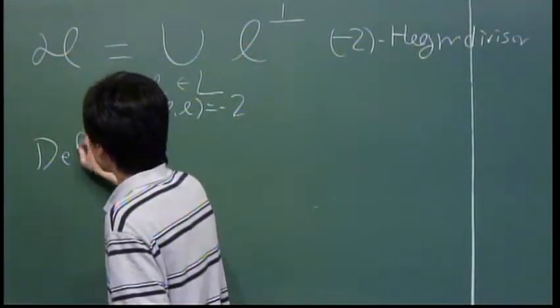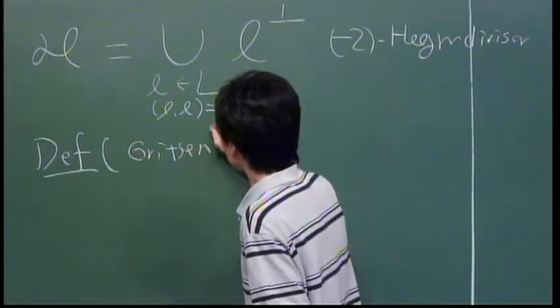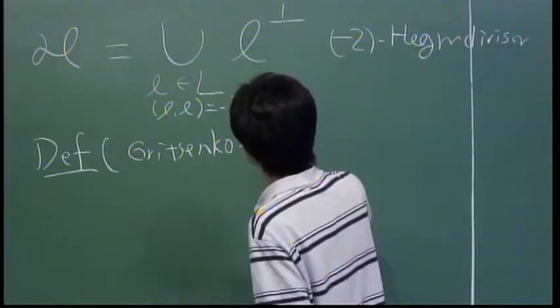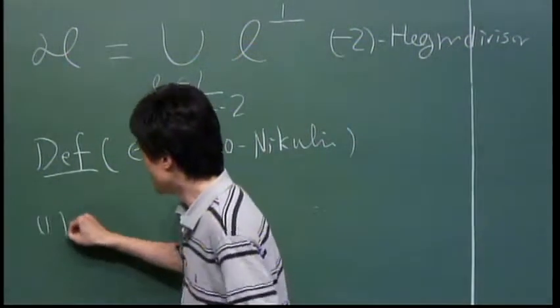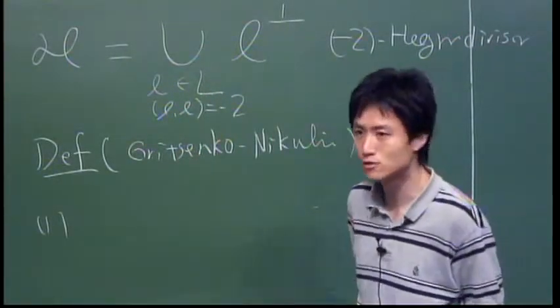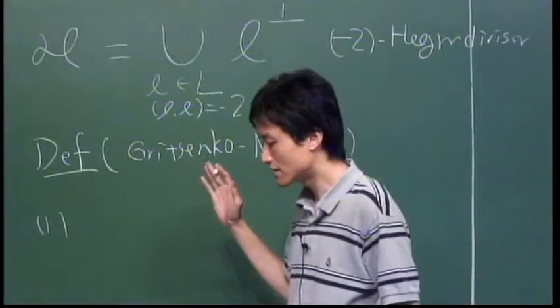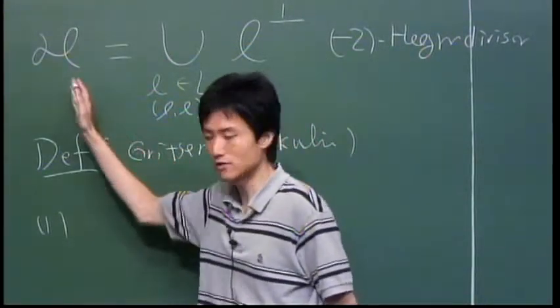Gritsenko and Nikulin define 2-reflective modular forms as modular forms whose zero divisor is set-theoretically contained in the special divisor.